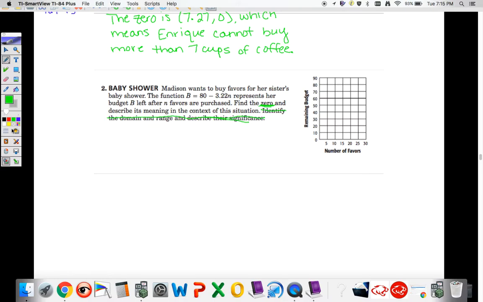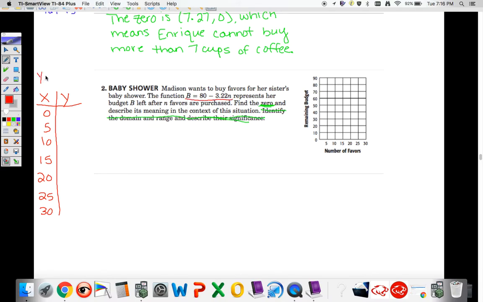So again, we're going to go ahead and we're going to make a table. So here's x, here's y. My x values, okay, I'm looking at my graph to help me out with what x values I should use. So my x values, we're going to go from 0 all the way to 30. So 0, 5, 10, 15, 20, 25, and 30. Okay, here's my equation. So I'm going to rewrite that over here.